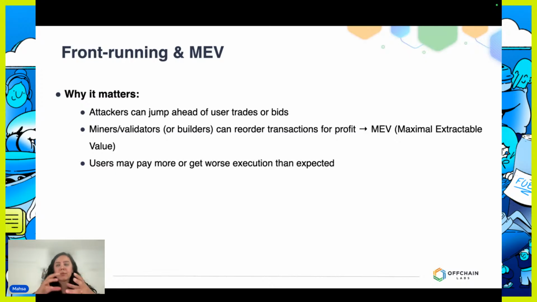They can sort transactions in a way that benefits them, by inserting their transactions in the middle, for example. And sometimes users may pay more gas just to get worse execution than what you're expecting, and it might benefit them as well.